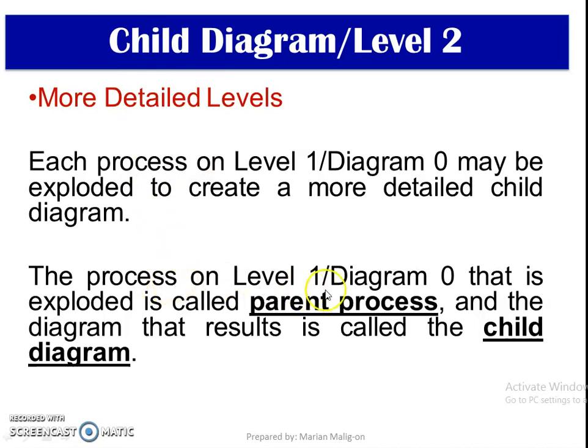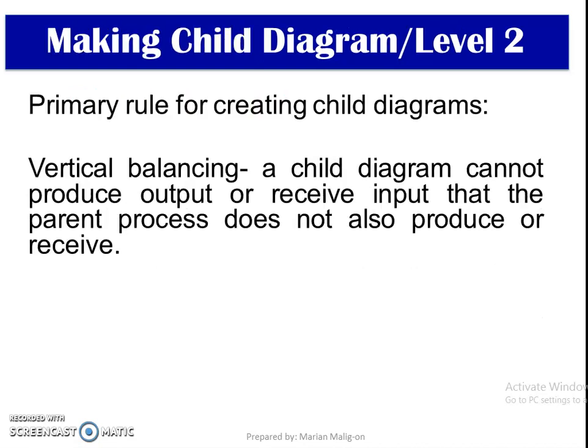The process on level 1 or diagram 0 that is exploded is called the parent process, and the diagram that results is called the child diagram. Level 2 is based on any of the processes from level 1.